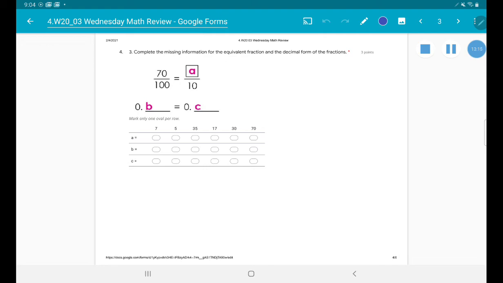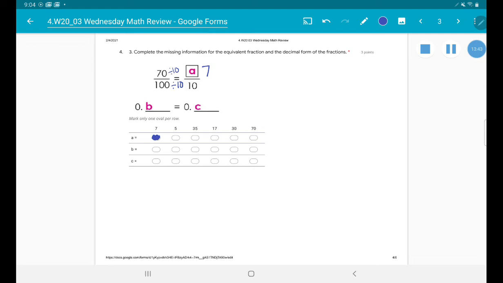What would it be, Christopher? 7/10. To get from 100 to 10, I would divide by 10. 100 divided by 10 equals 10. So I have to do that to the top also. 70 divided by 10 equals 7. So for A, we would mark 7.